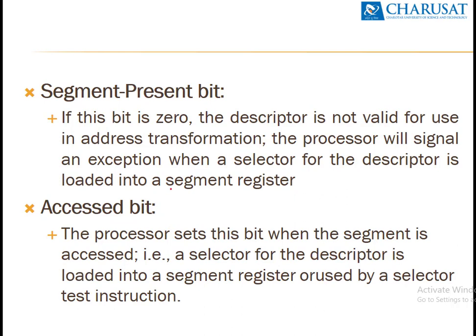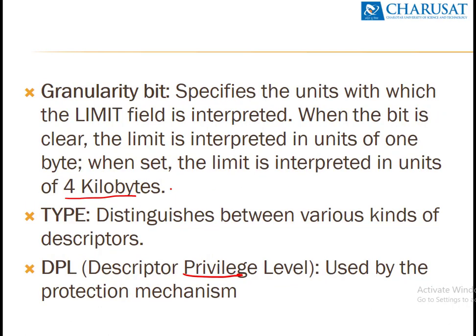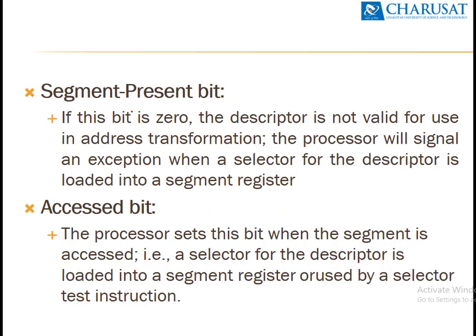It means if a user wants to access some other descriptors, it is not allowed, but if a system program wants to access descriptors, it is allowed. That is defined by the DPL. Segment presence bit: if this bit is 0, the descriptor is not valid. If it is 1, the descriptor is valid. We differentiate valid and invalid descriptors. The access bit will differentiate whether this descriptor has been accessed or not.